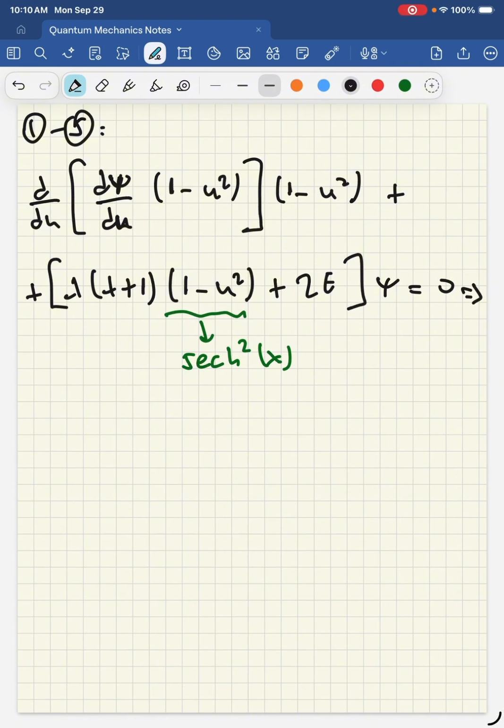We can write this as follows. We will divide everything by this factor 1 minus u squared, assuming that u squared is not equal to 1.